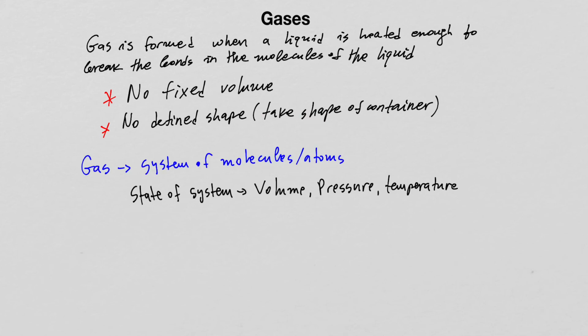Any gas can be described as a system of molecules or atoms, and the state of the system can be described by its volume, its pressure, and temperature. Depending on how the volume, pressure, and temperature change, the state of that system of molecules, of this gas, will also change. For example, if the volume is kept constant and the temperature is increased, then the pressure of the system will increase.